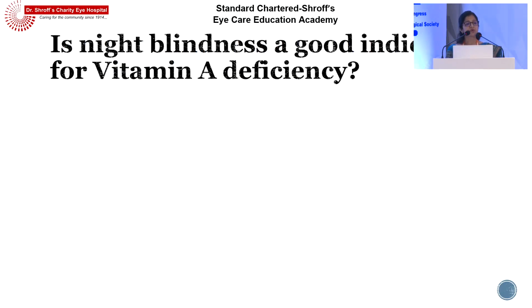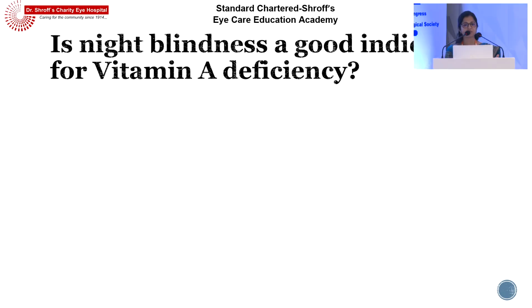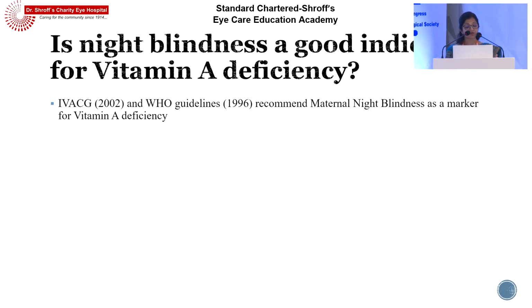We also questioned ourselves, is night blindness a very good indicator of vitamin A deficiency? Why not do vitamin A levels? But in retrospect, that was not possible. It would be very time consuming and money consuming. And the IVACG, the International Vitamin A Consultative Group, as well as WHO, both recommend maternal night blindness as a marker for vitamin A deficiency.